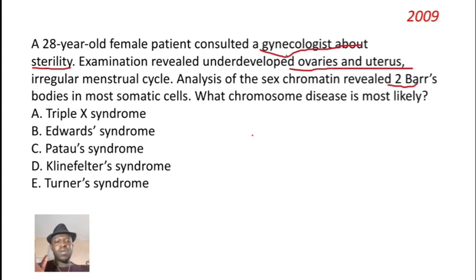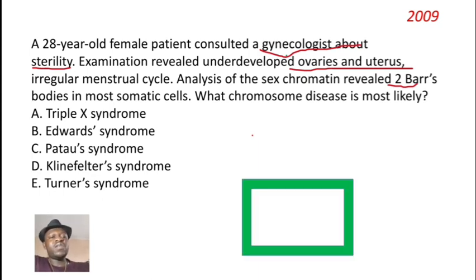All right, now this is the question I was talking about on calculation of Barr bodies, right? So here is the simple formula. Let A be the number of Barr bodies and N be the number of X chromosomes, right? So this is the formula: number of Barr bodies is equal to number of X chromosomes minus 1, right?